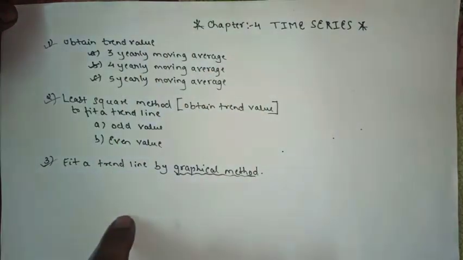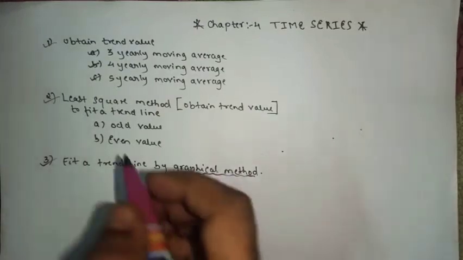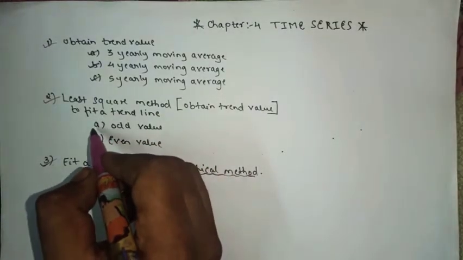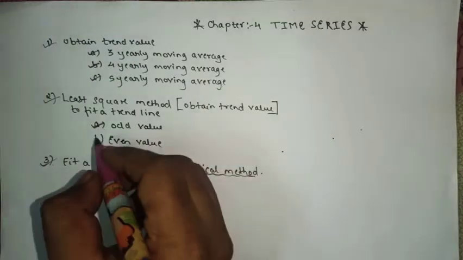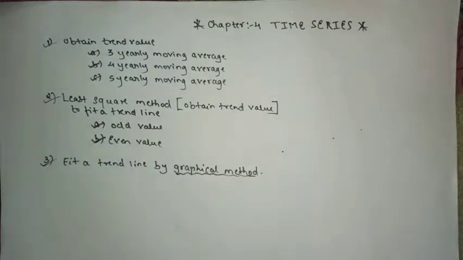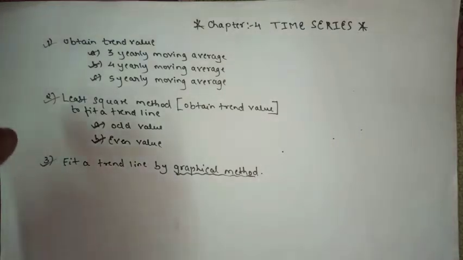In that also there are two types of sum, one for odd values and one for even values. What is odd, even, and the least square method, we will see in depth when we start with type number 2.